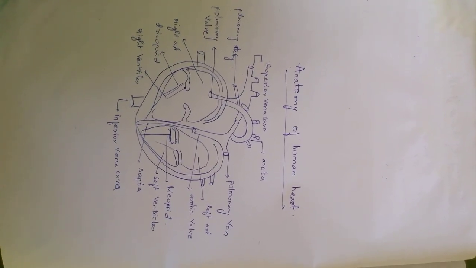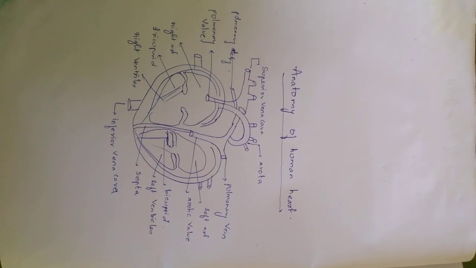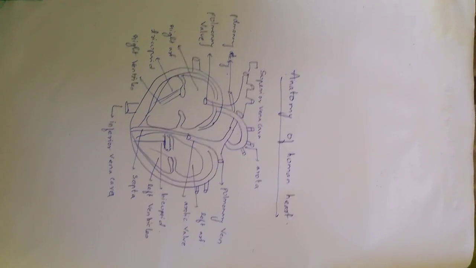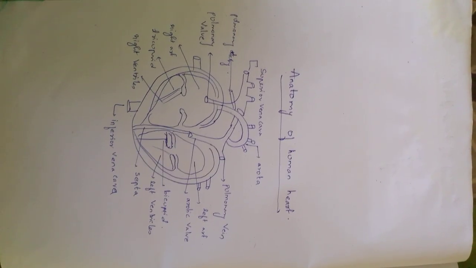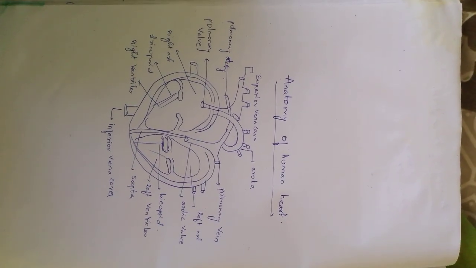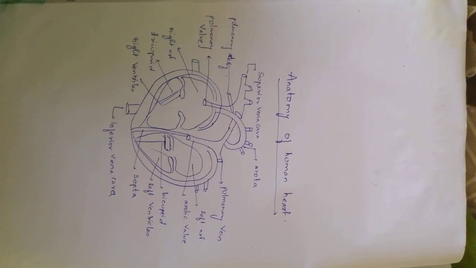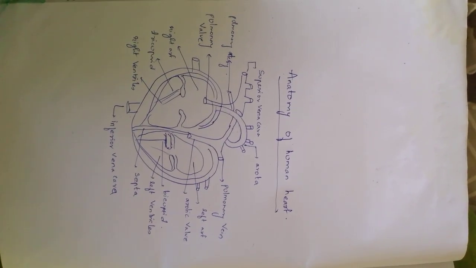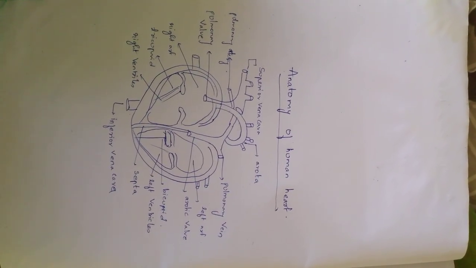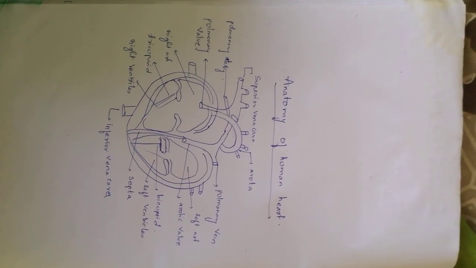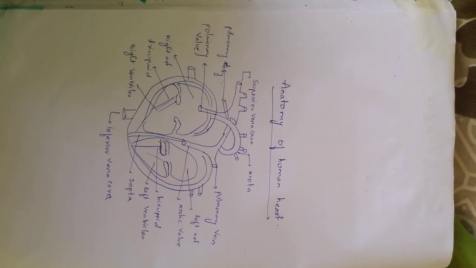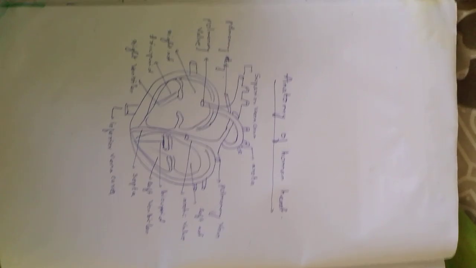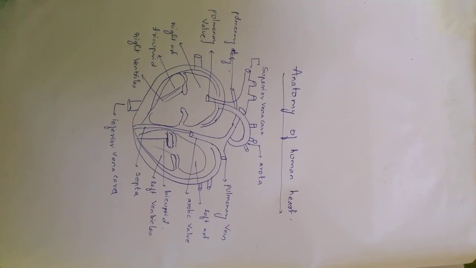These are the two circulations present in the heart. I told you pulmonary circulation carries deoxygenated blood to the lungs and brings oxygenated blood back to the heart. Systemic circulation means distributing oxygenated blood to different parts of the body and bringing deoxygenated blood from the tissues to the heart.